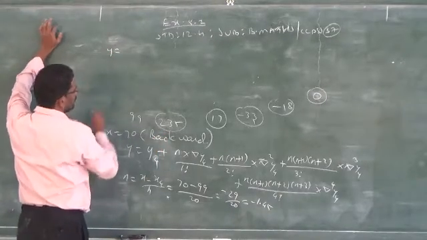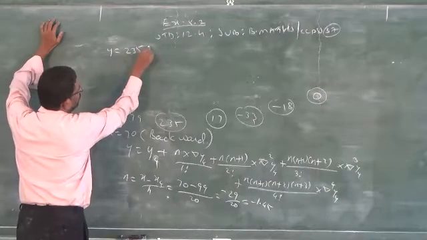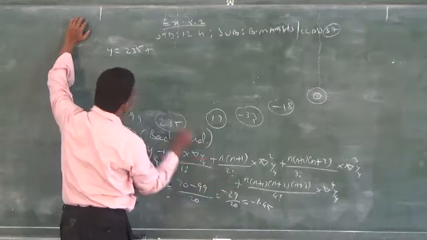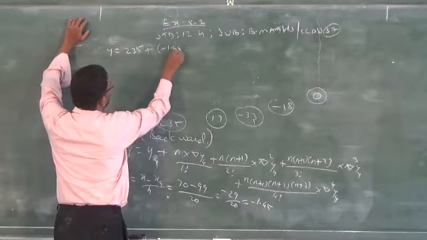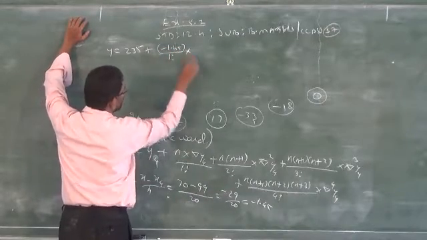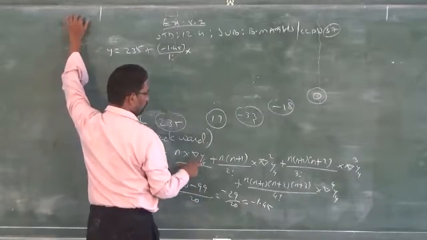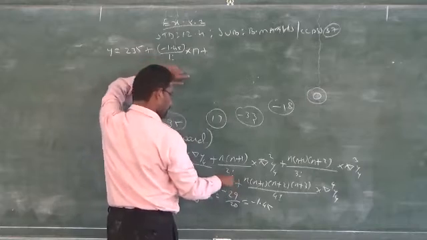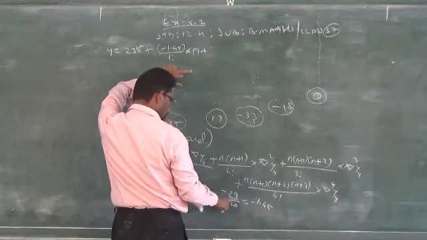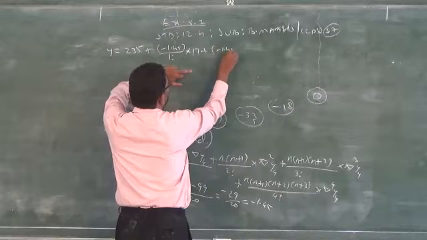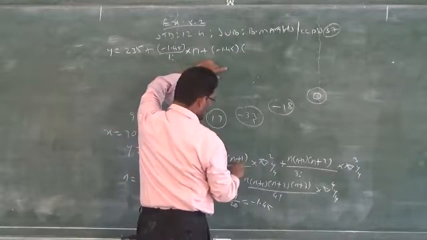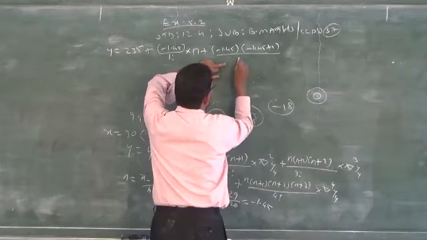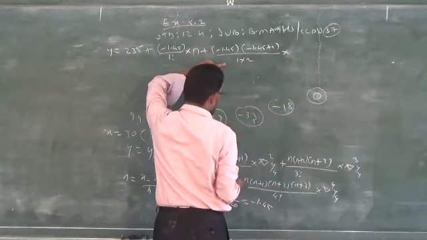So y is equal to, what is our y4? y4 is 235 plus, what is our n? n we found minus 1.45 by 1 factorial into nabla y4, that is 17, plus, what is our n? Next one, n is replaced by minus 1.45, n into n plus 1, minus 1.45 plus 1 by 2 factorial into, what is the nabla square?